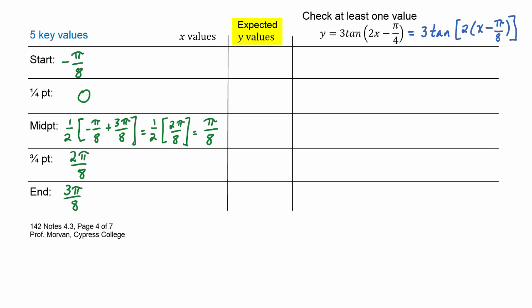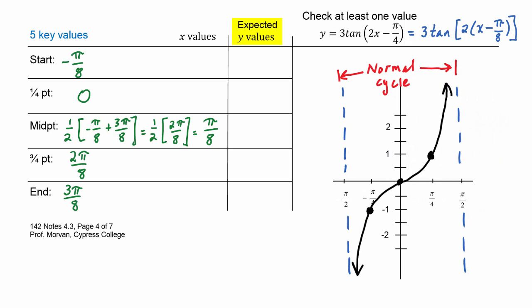Now for a tangent graph, we know that the start and the end already are vertical asymptotes. We've already figured that out, so we can just go ahead and write those in. Now for the other 3 values, we expect that tangent would go -1, 0, and then 1.